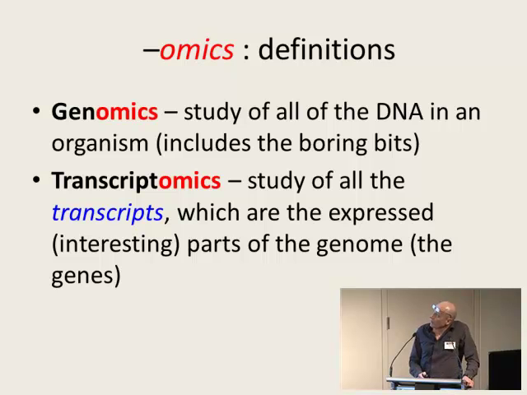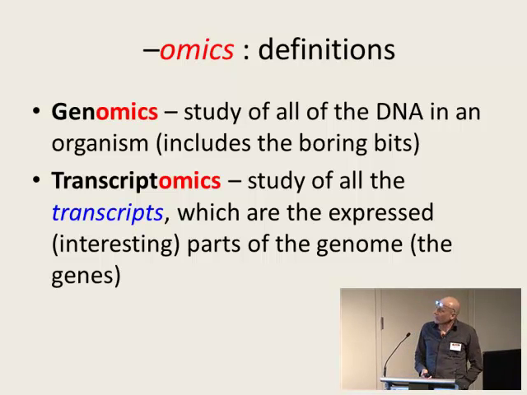So at the risk of this becoming a bit of a Genomics 101 lecture, I thought since we were bandying around these words, I should perhaps introduce some definitions. When we're talking about genomics, we're talking about the study of all of the DNA in an organism, which includes all the boring bits, the stuff that doesn't appear in the protein repertoire.